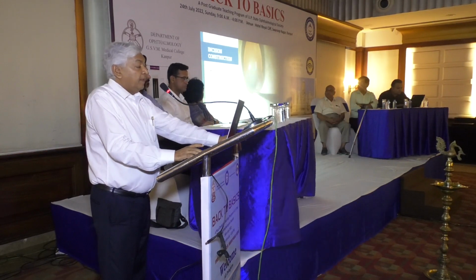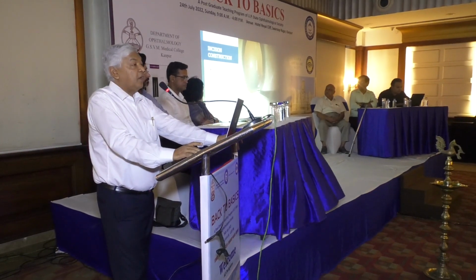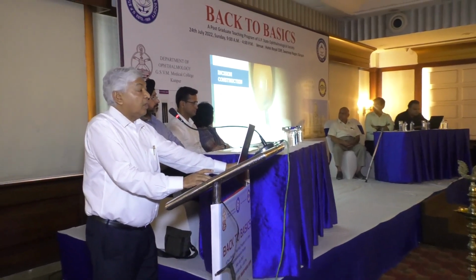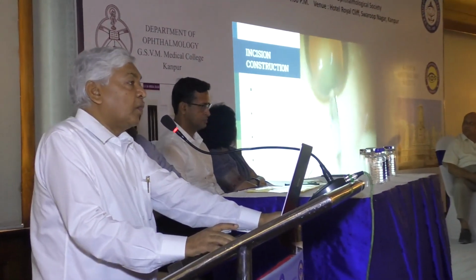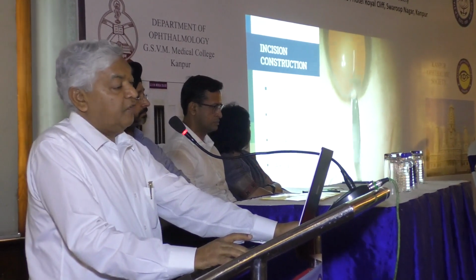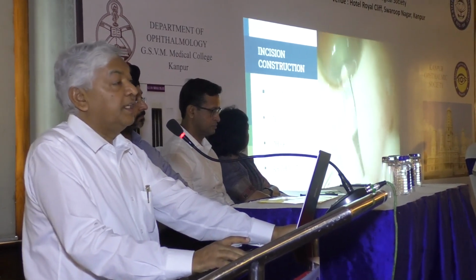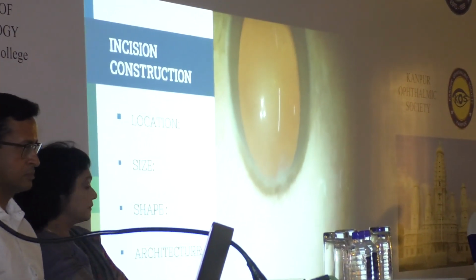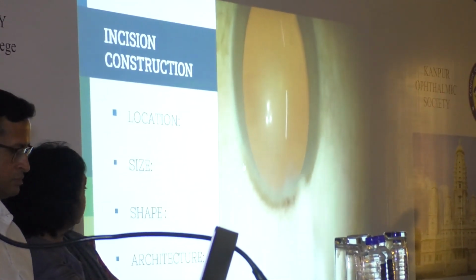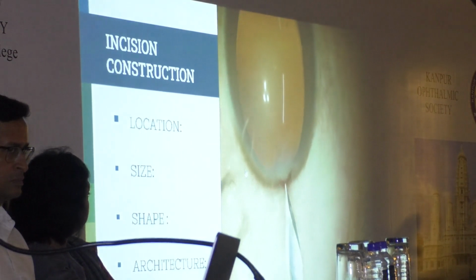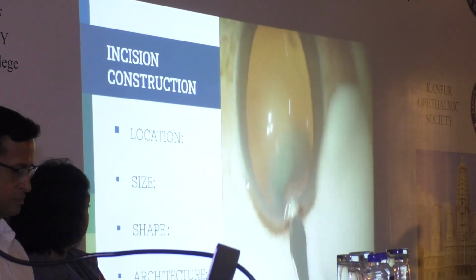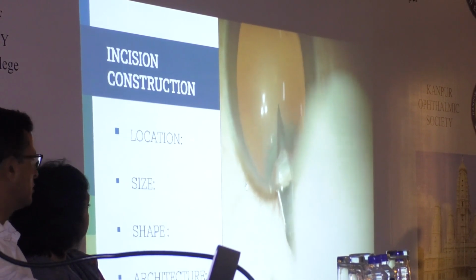For the incision, you have to think about the location, size, shape, and architecture. I always prefer to perform the tri-planar incision. First make a groove incision of 2.2 mm, then dissect, and then with the crescent you pass through, make a nick, and repeat and then pass it.